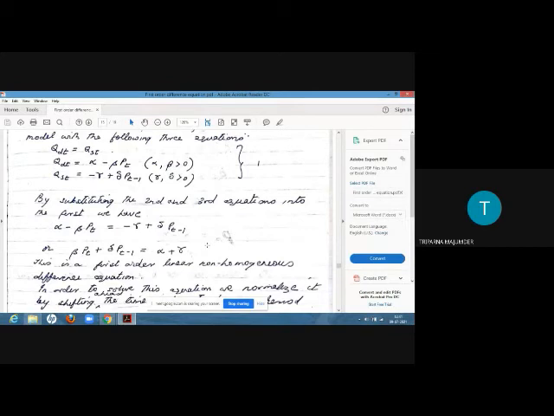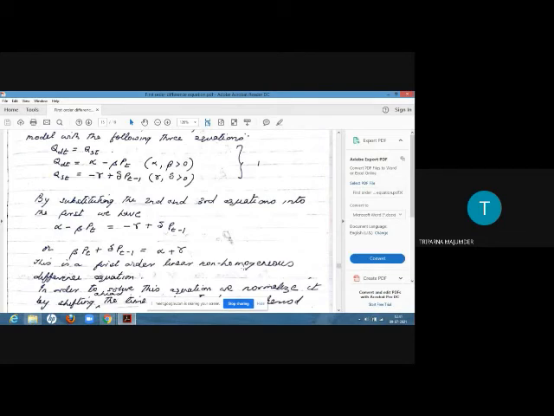So we know beta to be the negative value of the slope of the demand function, and delta the slope of the supply function. This is a first order linear non-homogeneous difference equation.